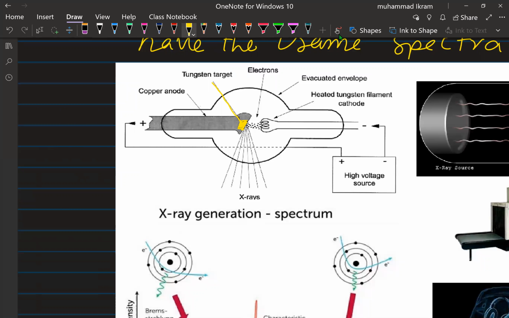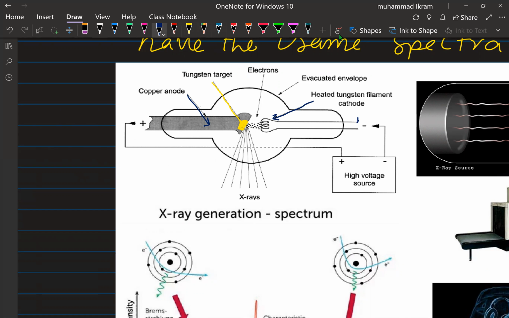This is known as the tungsten target, and the copper anode is connected with the high voltage source. And here you see the tungsten filament, and this is connected with the low potential difference source.